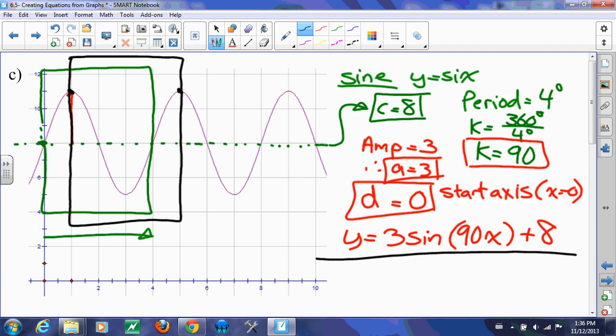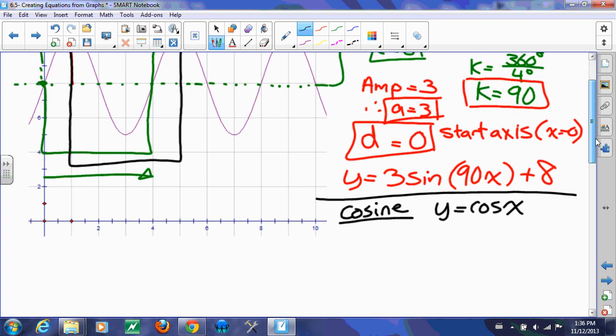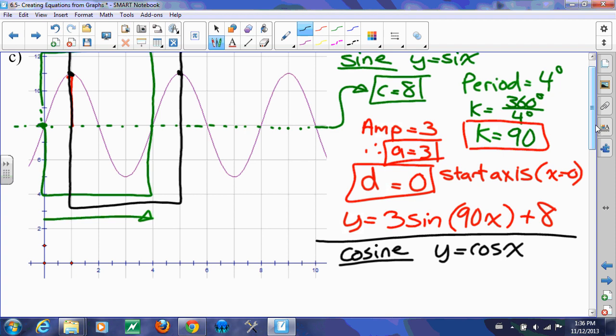For cosine, we notice it's going from max to max, so we know it's y equals cos x. It's not going from min to min. That would make it negative cos x, right? What else do we know? We know the amplitude is still 3, so A equals 3. We know the axis is the same, so C equals 8. We also know the period is still the same, so the K value remains constant at 90.